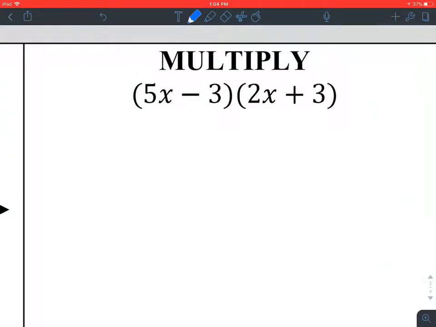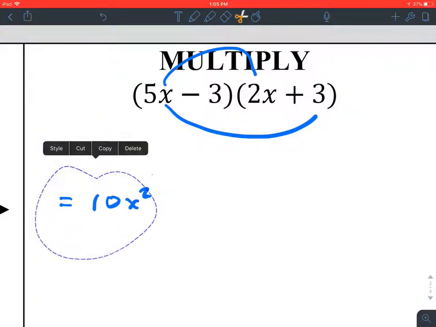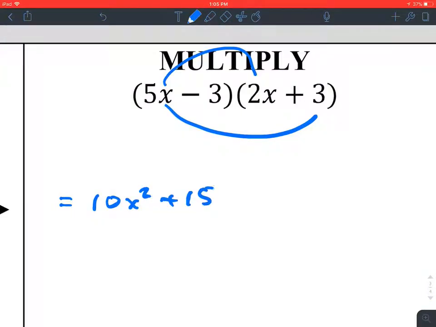Supposed to multiply these together. So we're going to multiply the 5x and 2x and get 10x squared. Going to multiply the 5x and 3 and get a plus 15x. Going to multiply a -3 and a positive 2x and get a -6x.